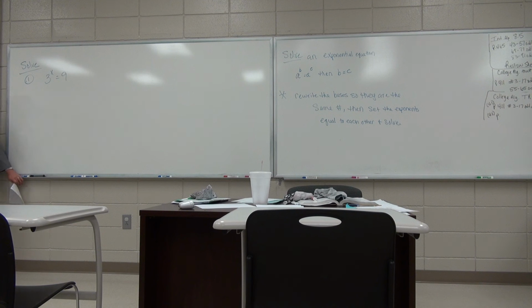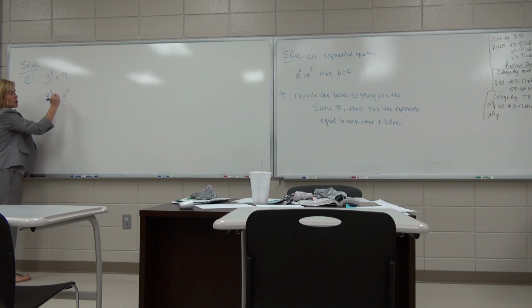Okay. Well, you're going to ask yourself, can I write 9 with a base of 3? Is 9 3 to any certain power? 9 is the same thing as what? 3 squared. So here I can say that 3 to the x is equal to 3 squared. And based on that property, if my bases are equal, then my exponents are equal.